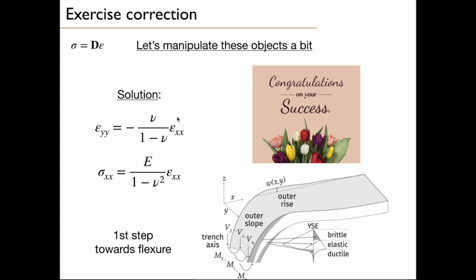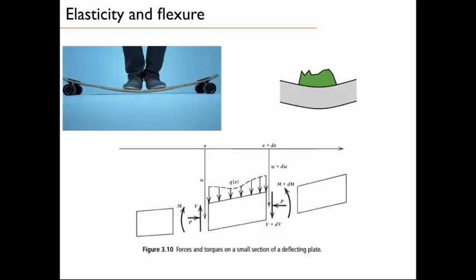So these steps you've already derived, and that's a first step towards the flexure equation. So now we want to quantitatively study how a plate bends when a load is applied on top of it. So we're going to look at this sketch now.